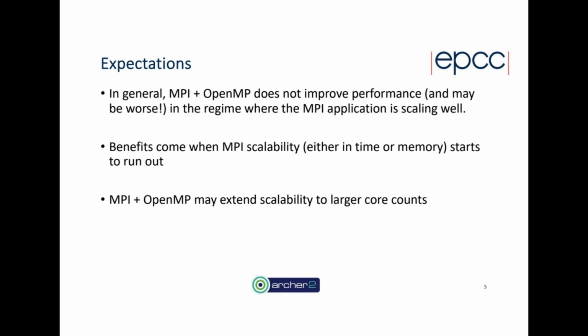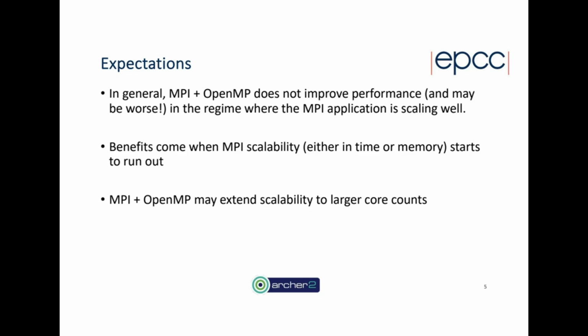If we're working with a number of nodes and a problem size where the MPI application is scaling perfectly happily and the parallel overheads are relatively small, then probably we're not going to gain very much from adding OpenMP.